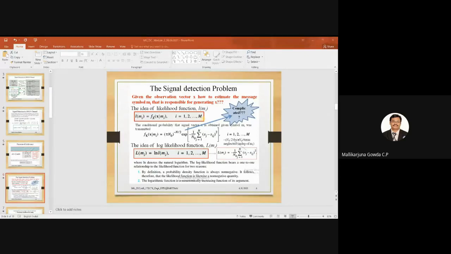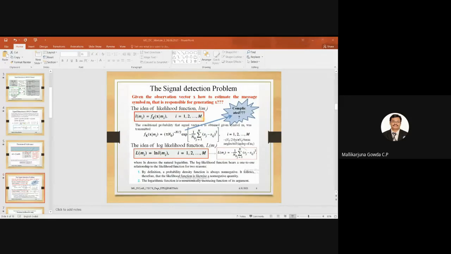So capital L of m suffix i is equal to minus 1 by n naught into summation j is 1 to n of xj minus sij whole square. Here I said the first term is a constant. What is that first term? It is minus n by 2 into ln of pi n naught. It is neglected because it is independent of the transmitted symbol.